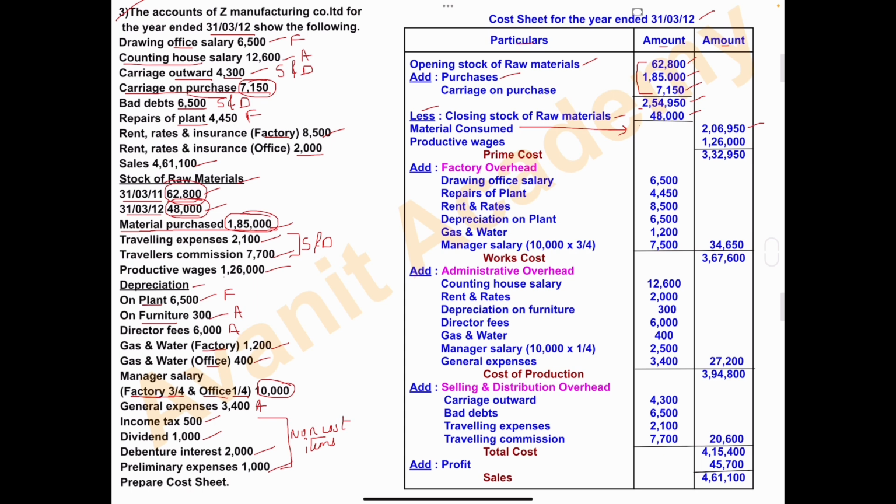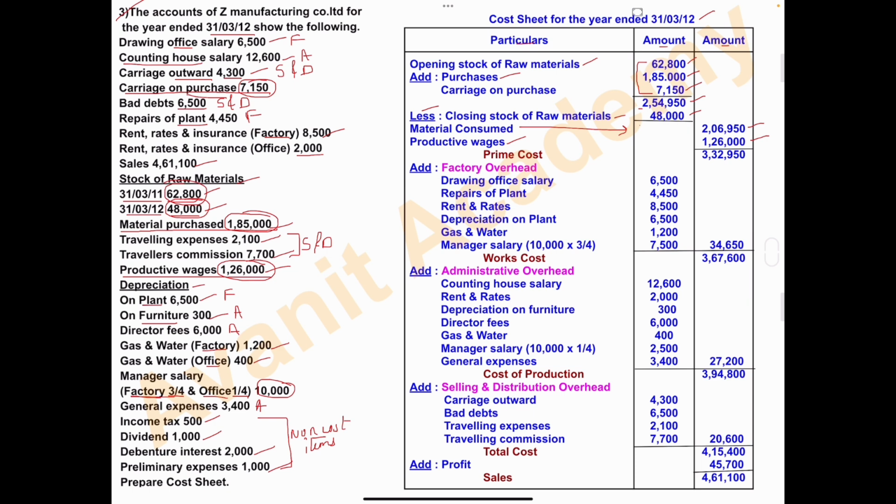So after material consumed, we have to take direct expenses, direct wages, direct labor, or productive wages or productive labor. In this problem, they have mentioned productive wages. The productive wages amount is 1,26,000. Productive wages means direct wages. Write it in the outer amount column, 1,26,000.